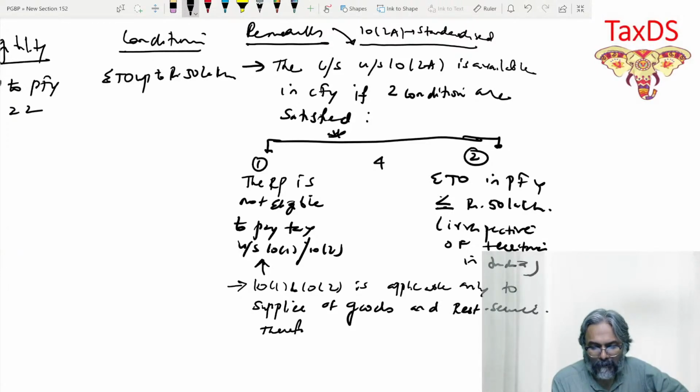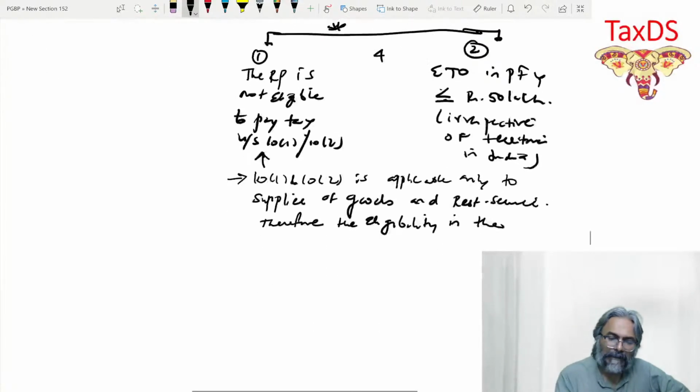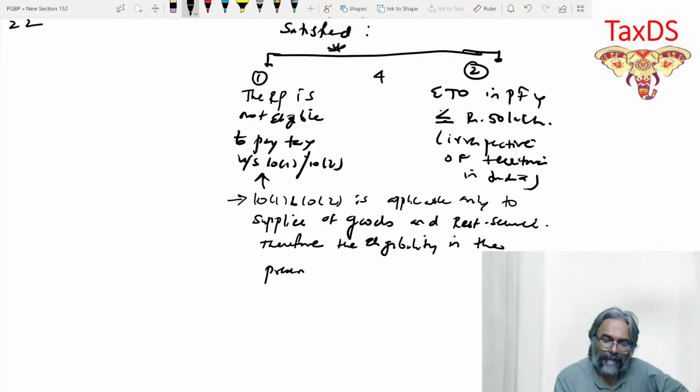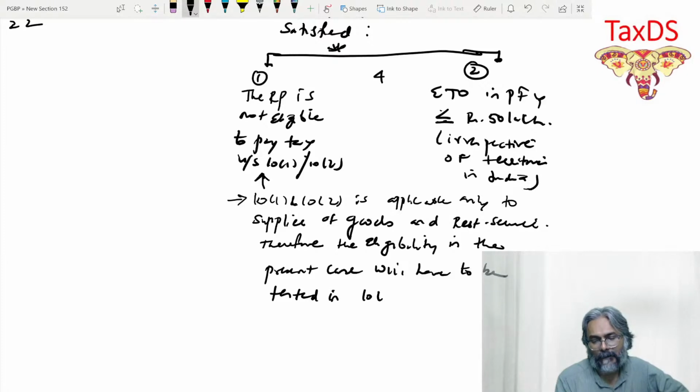Therefore, the eligibility in the present case will have to be tested in 10.2a. The next part, friends, in this case: what is his aggregate turnover in the previous financial year?